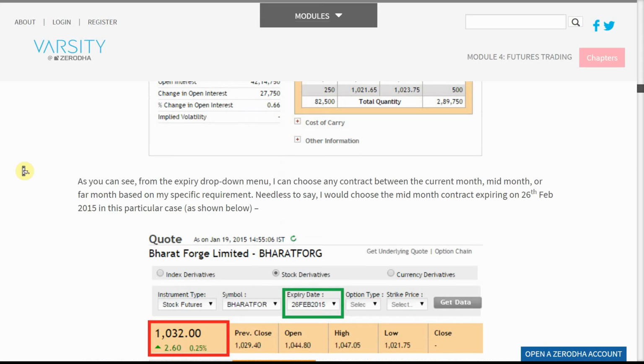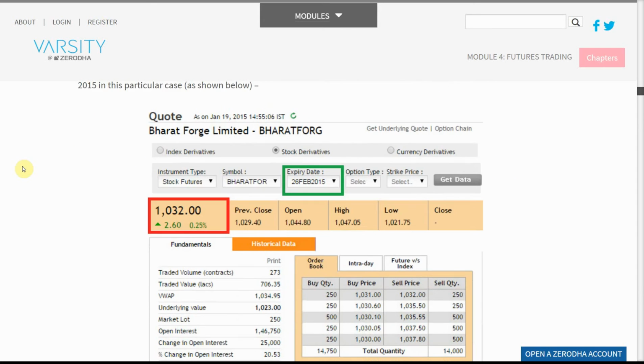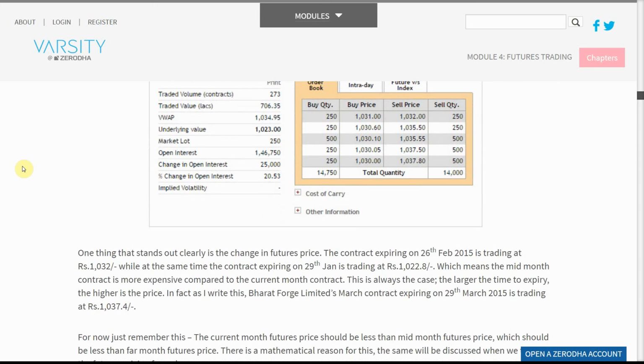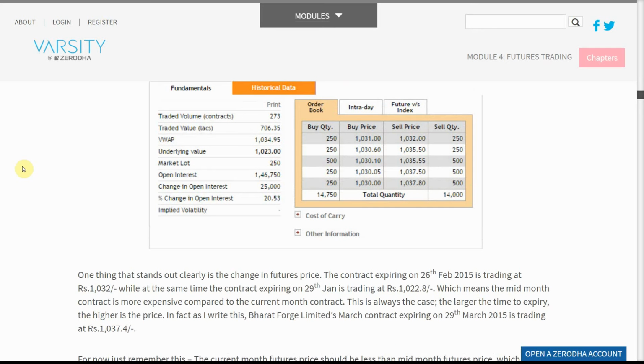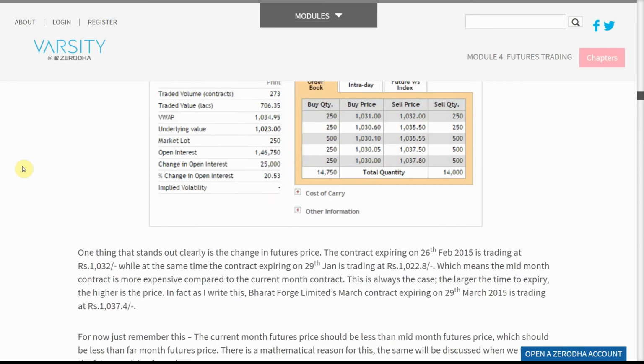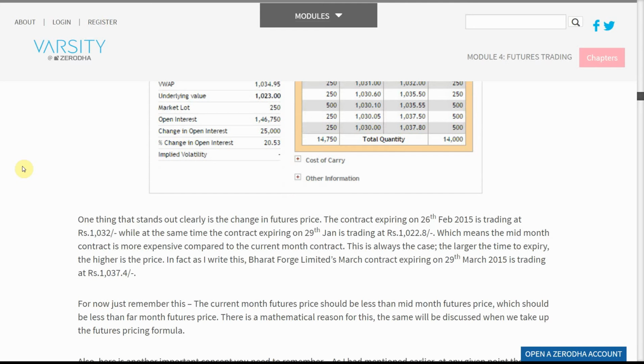One thing that stands out clearly is the change in futures price. The contract expiring on the 26th of February 2015 is trading at 1,032 rupees per, while at the same time the contract expiring on the 29th of January is trading at 1,022 rupees and 80 paise per, which means the mid-month contract is more expensive compared to the current month contract.